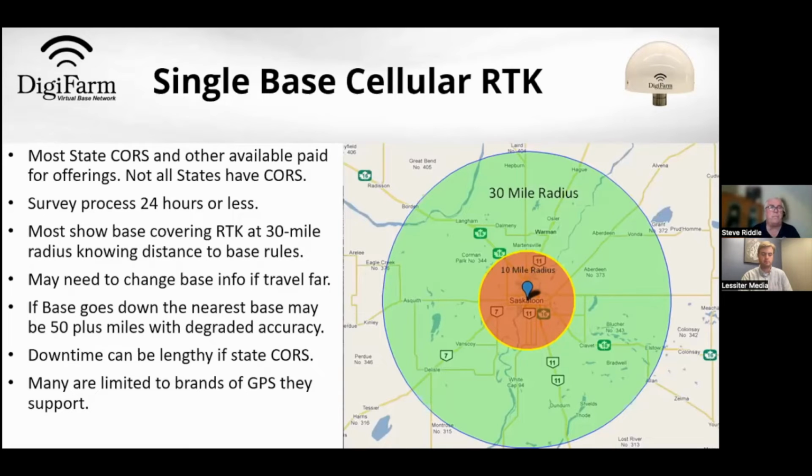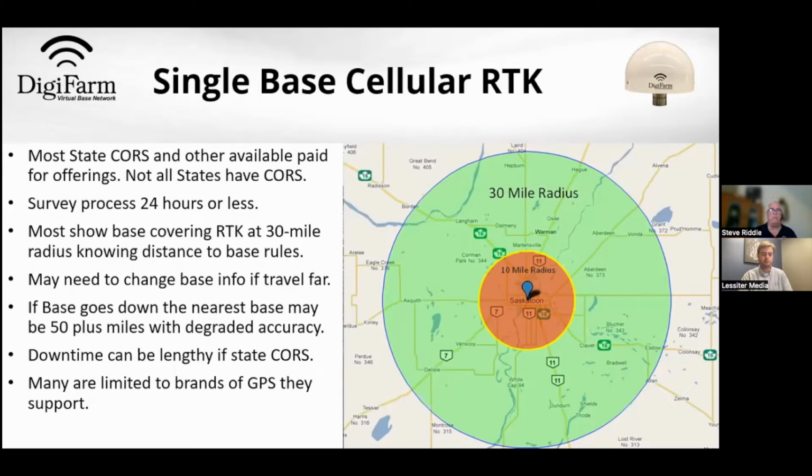There again, these are typically a survey process of maybe 24 hours or less, kind of challenging that process for overall accuracy. And if you look at a base coverage map for providers like this, their map will show 30-mile radiuses, and most all providers do.